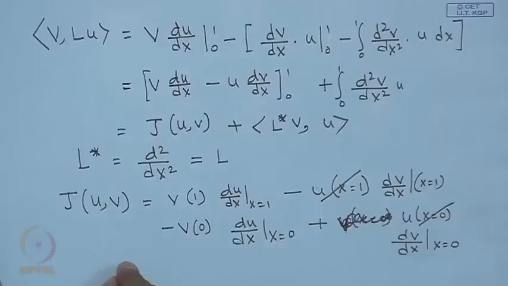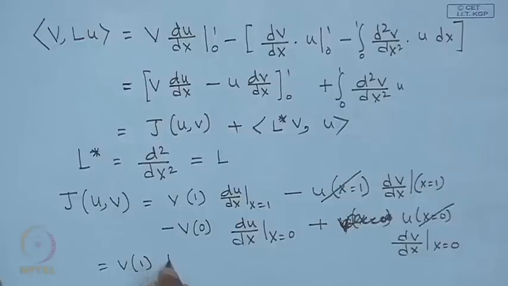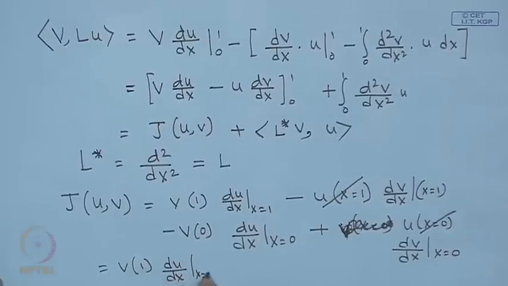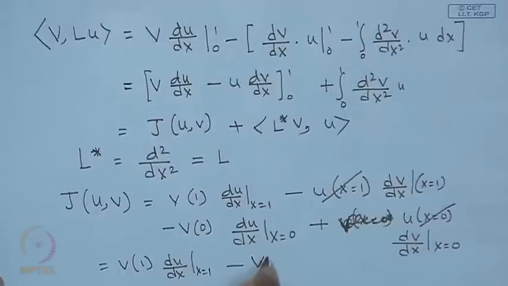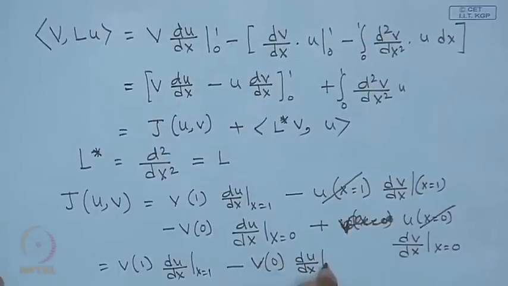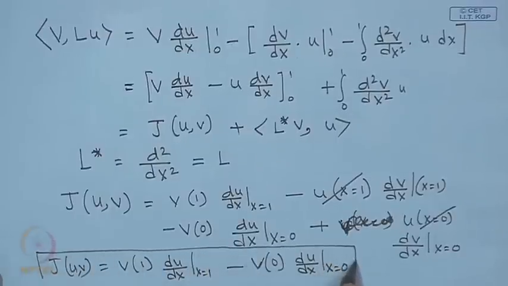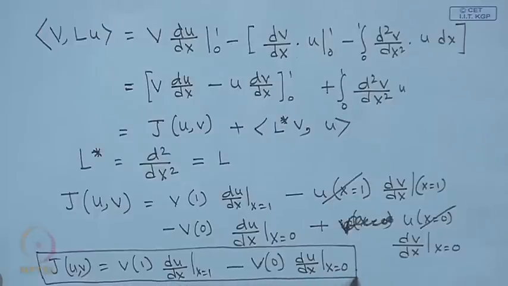What is left is v at x is equal to 1 times du dx at x is equal to 1, minus v at x is equal to 0 times du dx at x is equal to 0. So, that is the fate of the bilinear concomitant after a little simplification using the boundary condition B u is equal to 0.